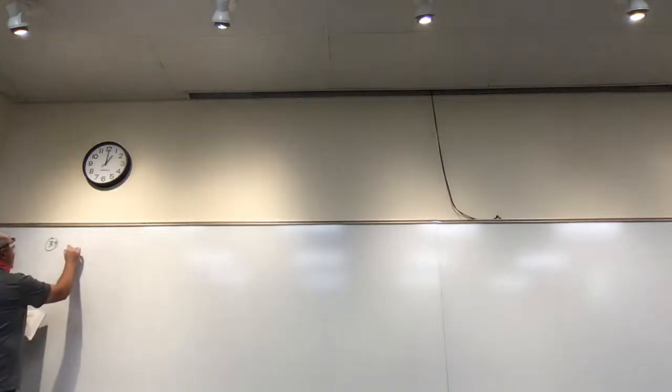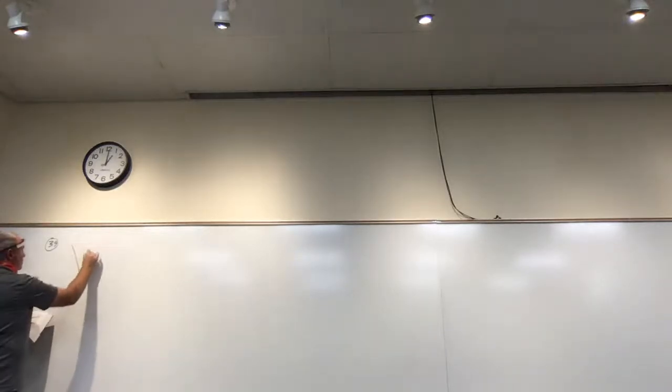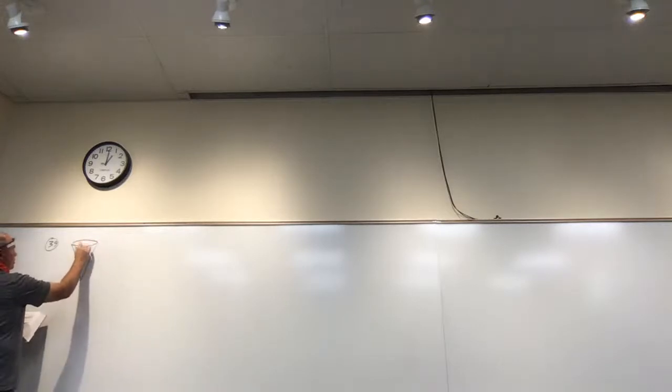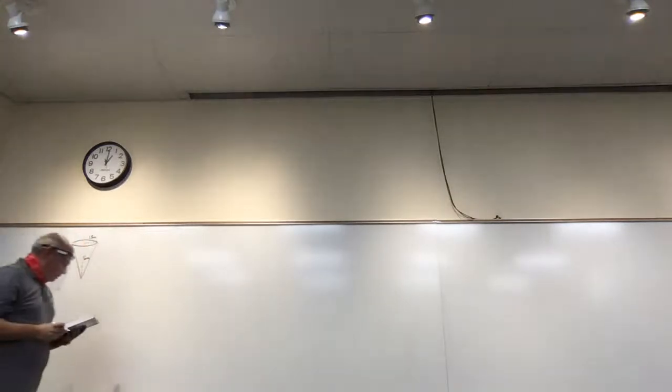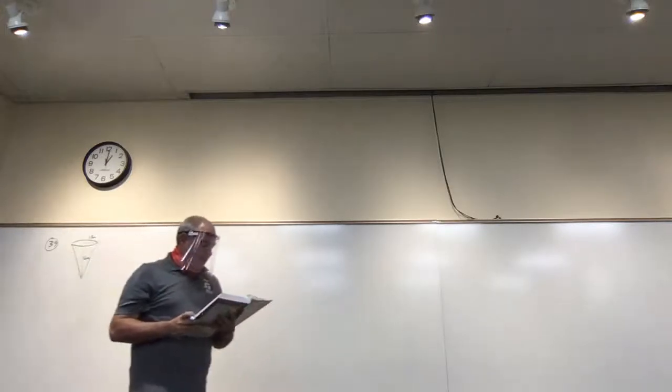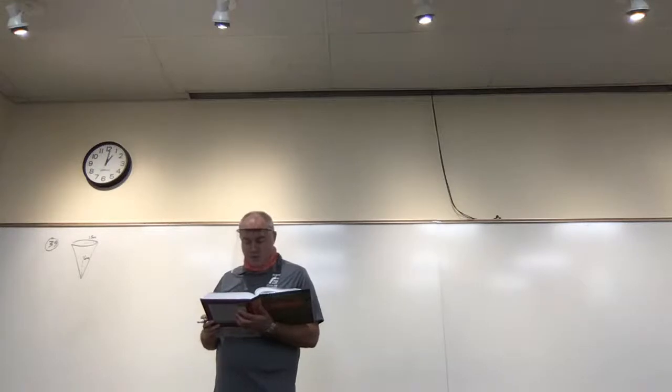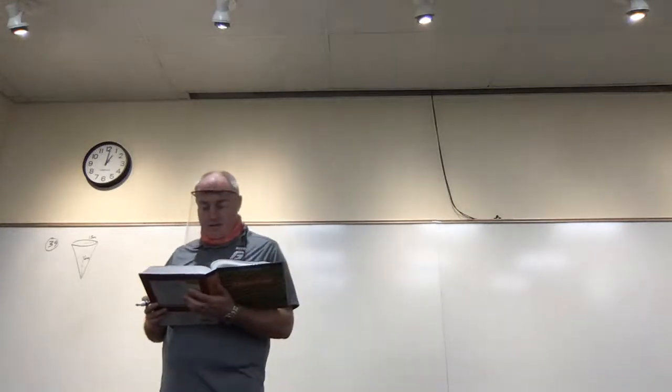Okay, so we've got this cone. It has a height of 6 meters, and then this radius right here is 1.5 meters. Then it says, if the tank is full, how much work is required to pump the water to a level of the top of the tank and out of the tank?